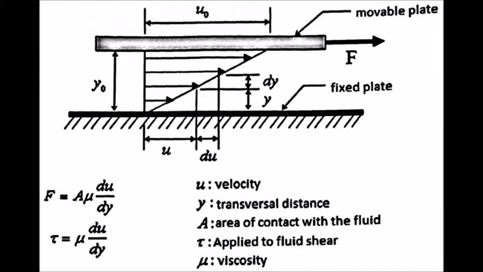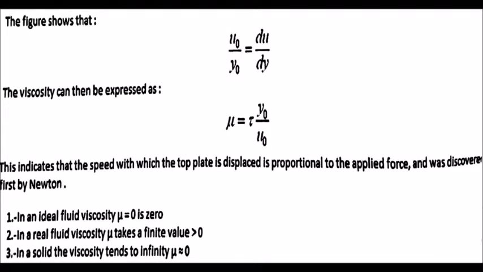In the following diagram, we see the movement of a fluid as well as the different parts and concepts already explained, and the equation: u is velocity, y is transversal distance, A is the area of contact with the fluid, tau is the shear applied to the fluid, and mu is viscosity. The figure shows that U0 divided by Y0 equals differential U divided by differential Y. The shear stress is thus expressed in terms of viscosity.